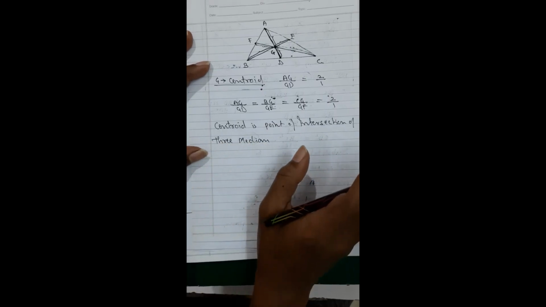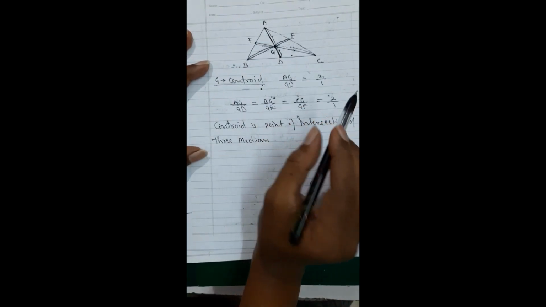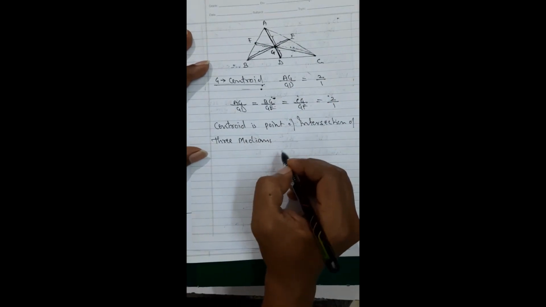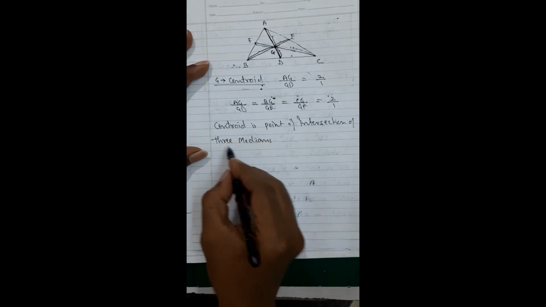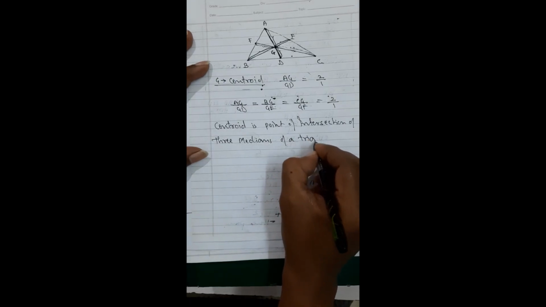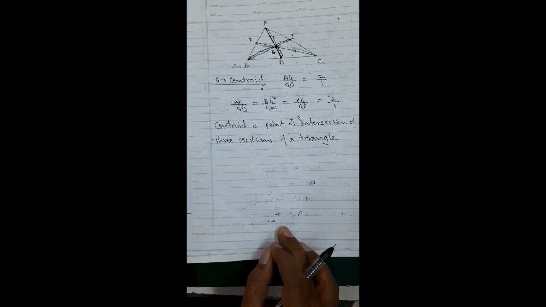Not necessarily 3 medians, even 2 medians will intersect at that same point. But we have to say that 3 medians also will intersect at the same point. The centroid is the point of intersection of the 3 medians of a triangle. This you have to understand. And of course the longer section is always double the shorter section.